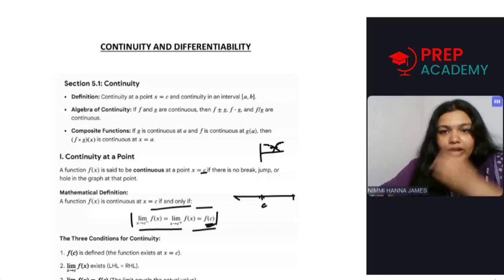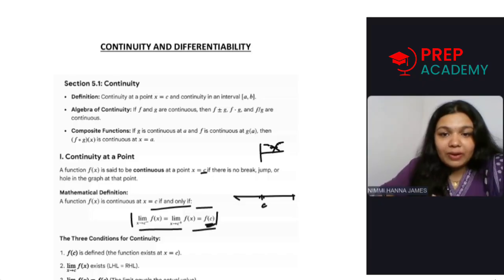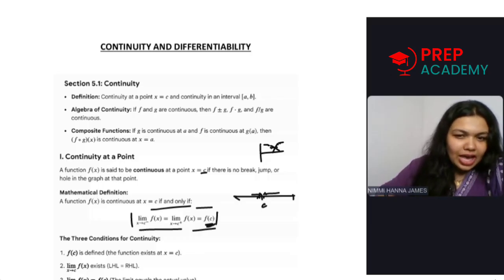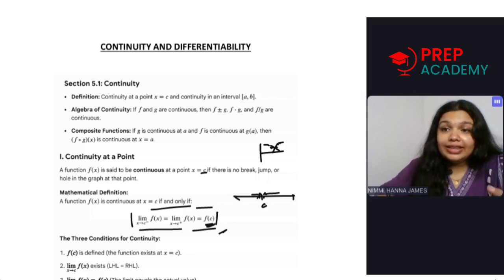So when we tend x towards c minus, we are reaching c from the left side, and that means the limit LHL. RHL means we are reaching c from the right side. So the function values at c and at the points just before it and just after it should be equal. Isn't it correct? If that is correct, then the function is continuous at that point.